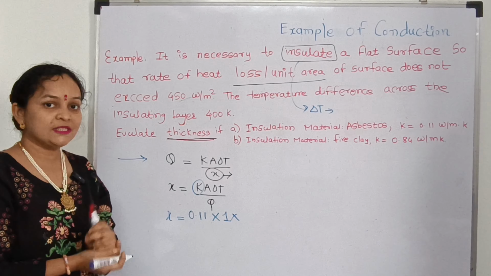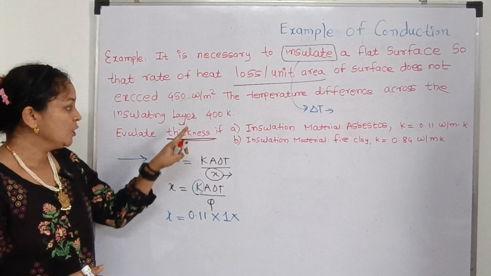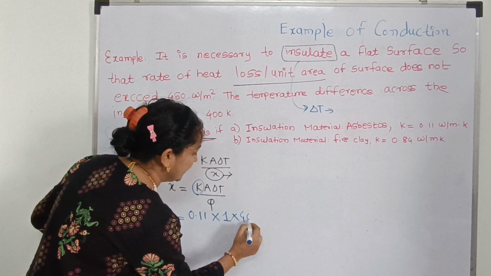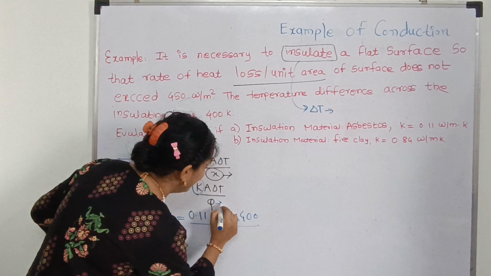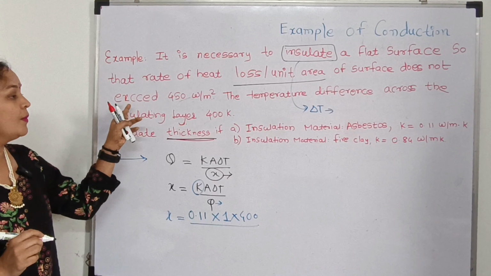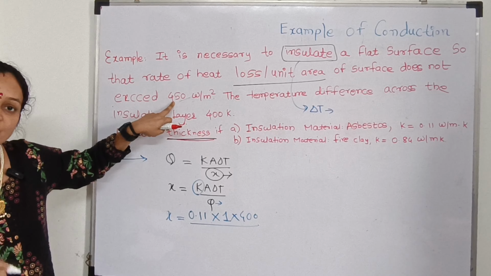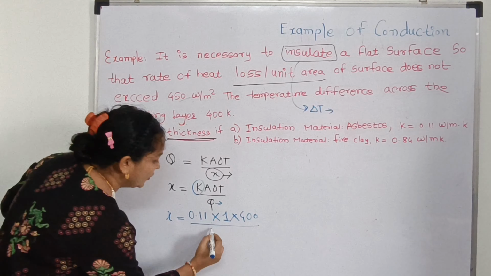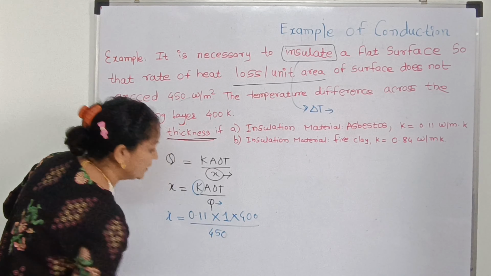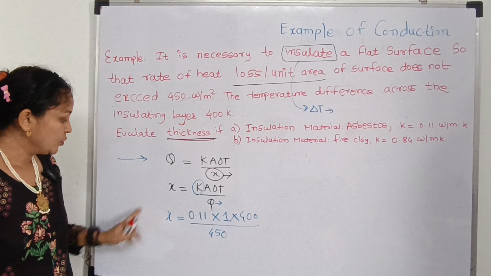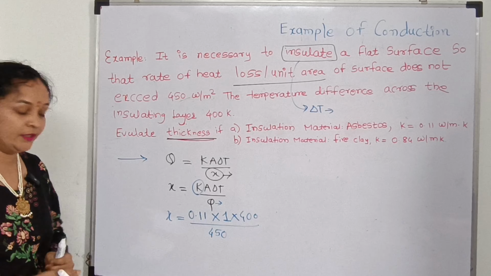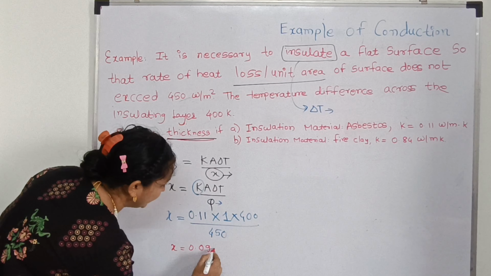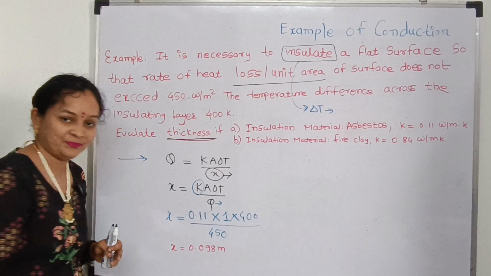Delta T is the difference between the two temperatures, which they mention as 400 K, that is 400 Kelvin. Q is the amount of heat, which should not exceed 450, so Q is 450. By using the calculator you get x equal to 0.098 meter.